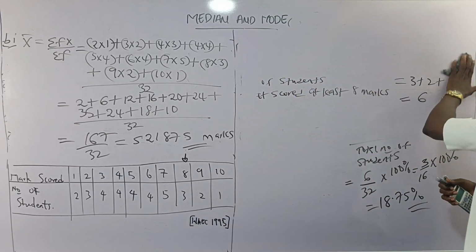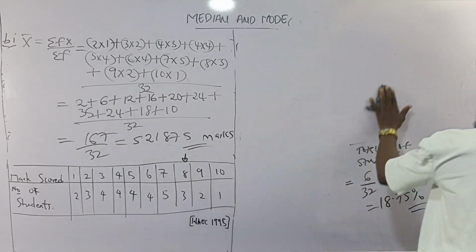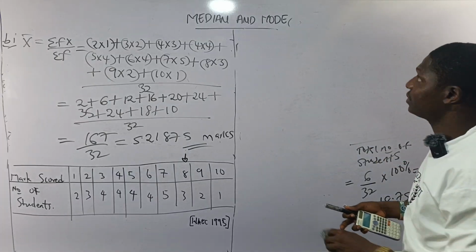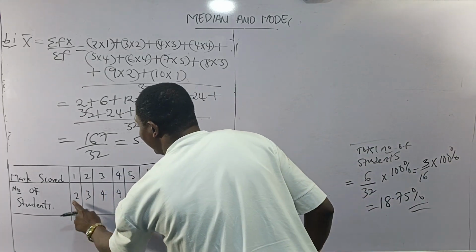So our median, I'm going to solve it like I'm in the examination, using the simplest method. 1 occurs how many times?